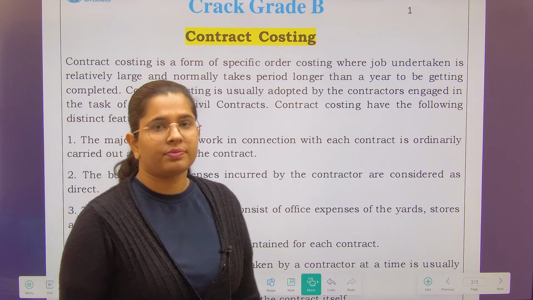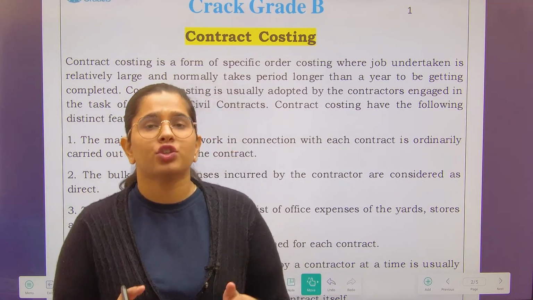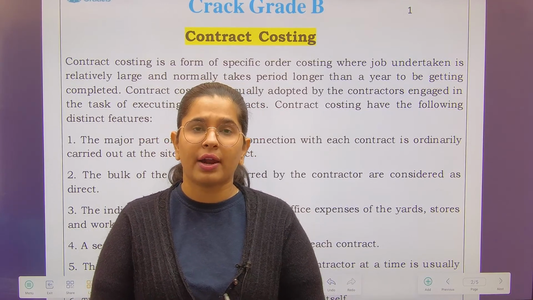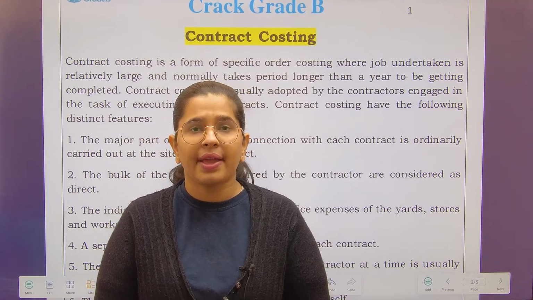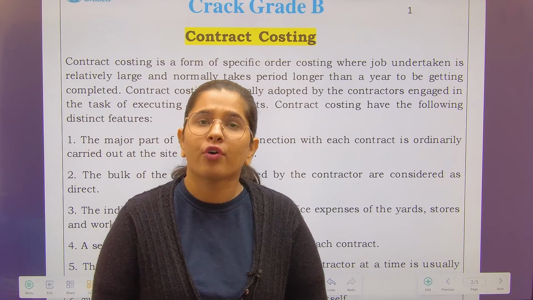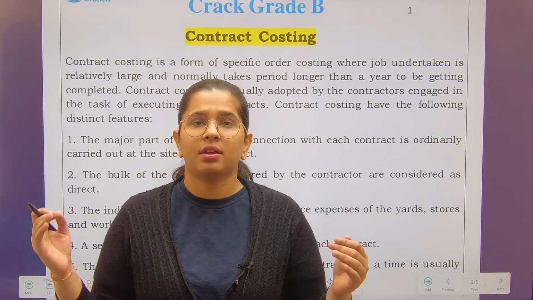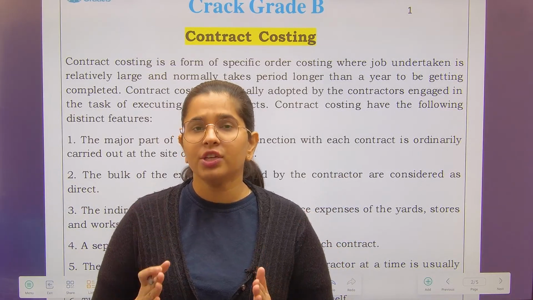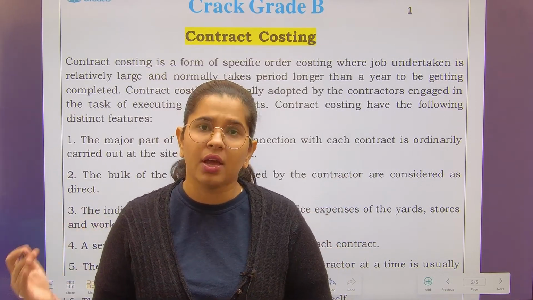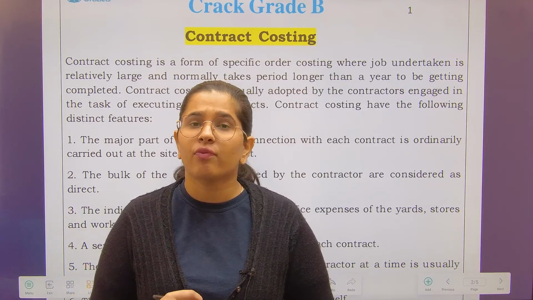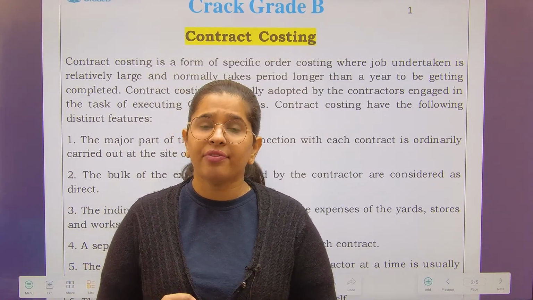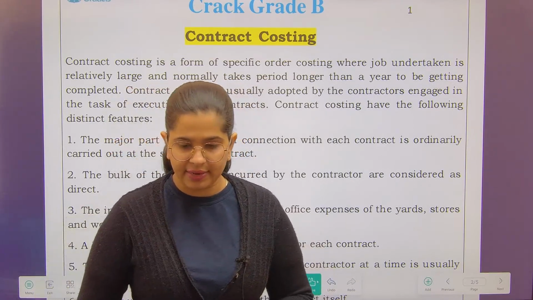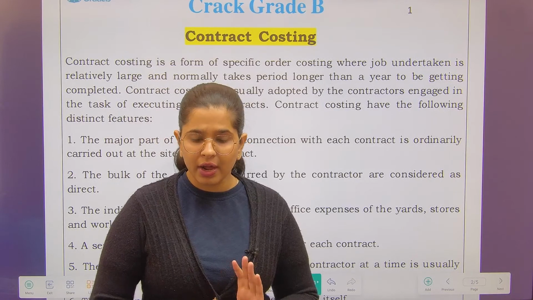That means you get large contracts like the contract to build roads, bridges, highways, etc. These are such big contracts that you have to treat each contract as unique. Each contract is unique from one another and hence every contract will need a specific statement for itself. So this is called contract costing.